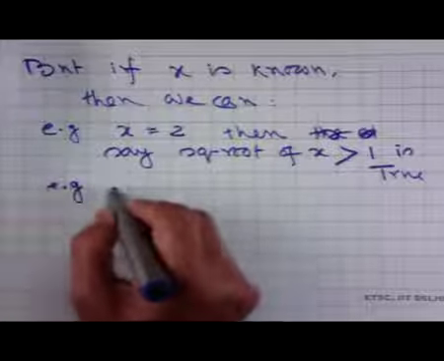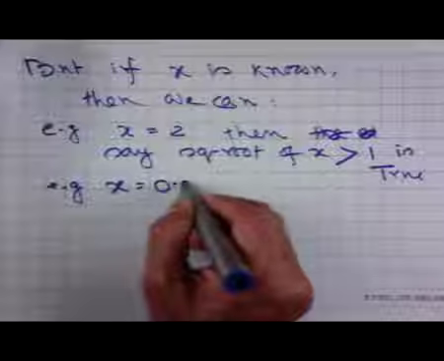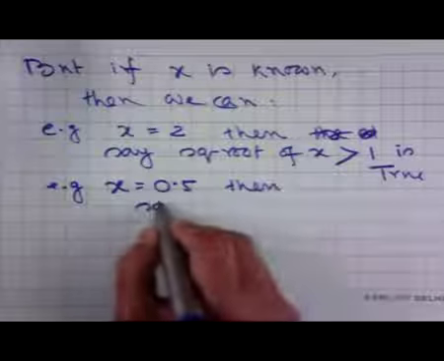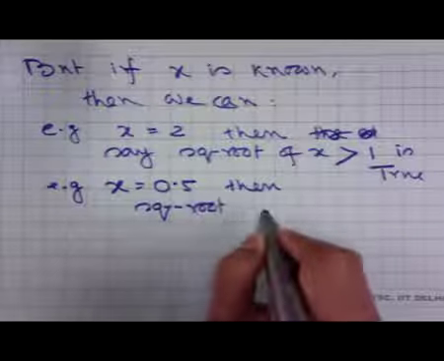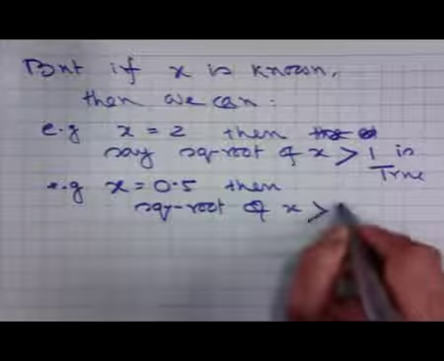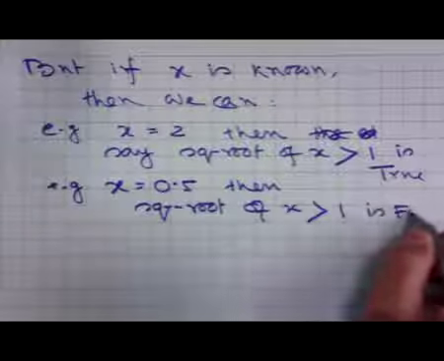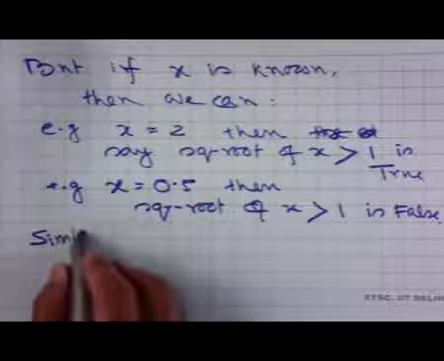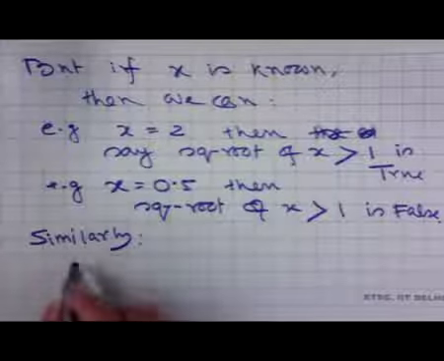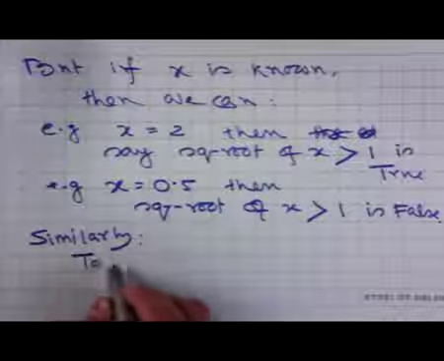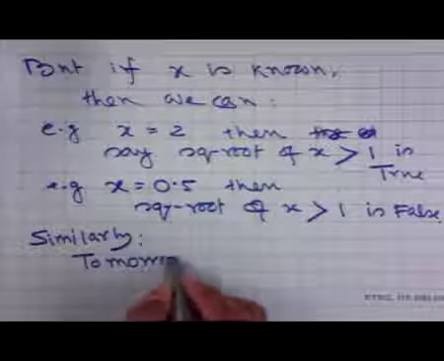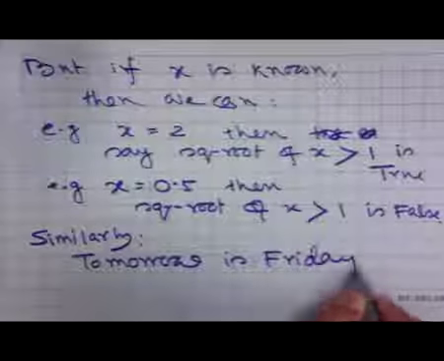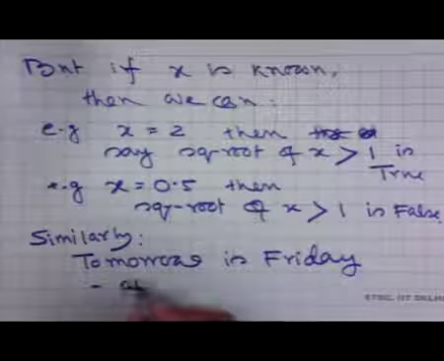If x is equal to 0.5, then the square root of x greater than 1 is false. Similarly, tomorrow is Friday. We cannot assign any truth value.